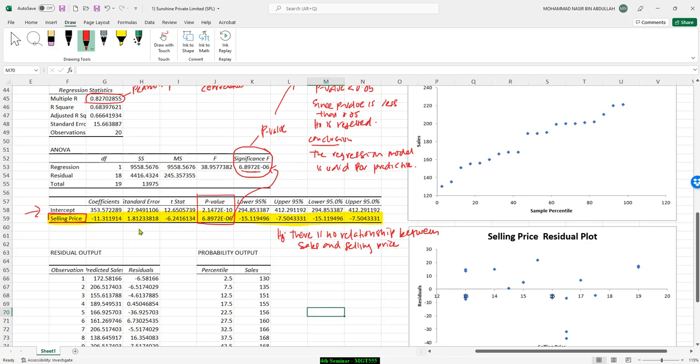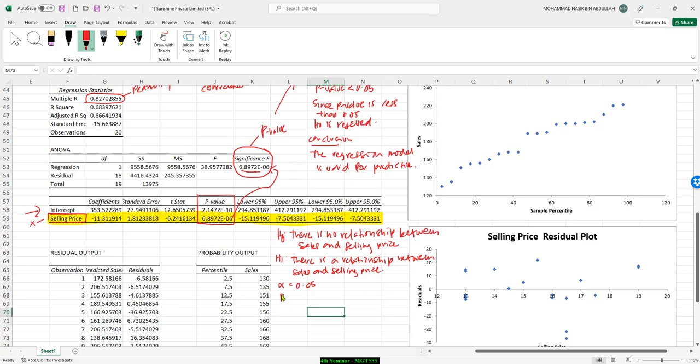So they are measuring on X kan. Our dependent variable is sales. Alternative hypothesis: there is a relationship between sales and selling price. So our alpha is equal to 0.05.